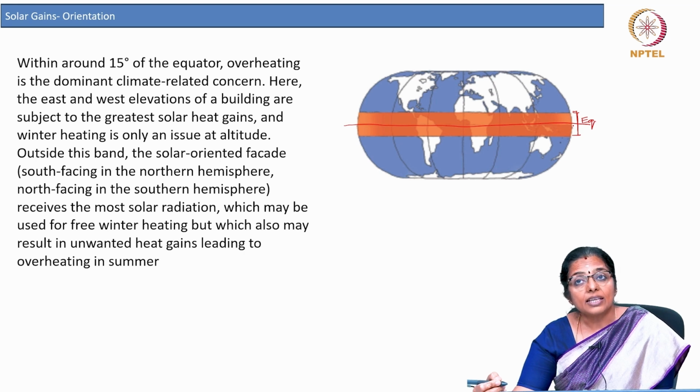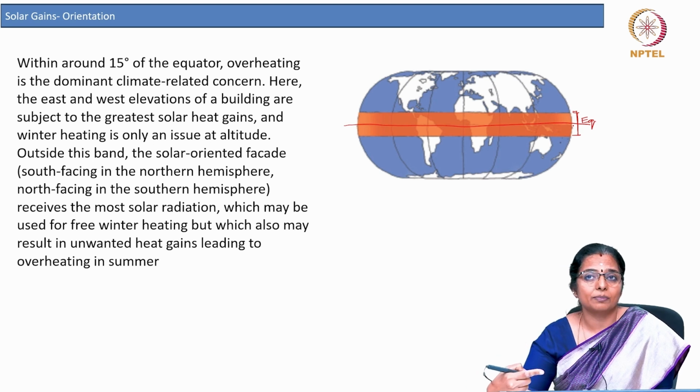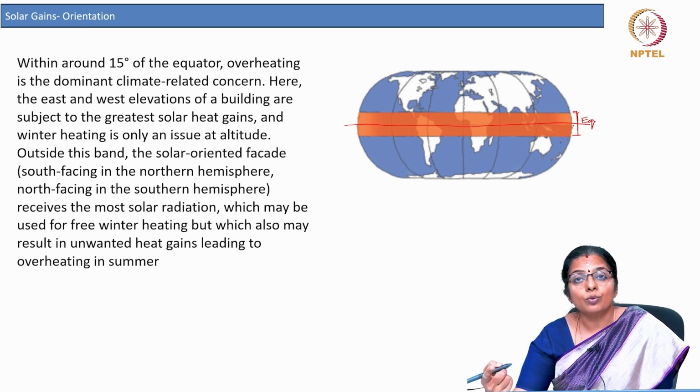Here, the east and west elevations of a building are subject to greatest solar heat gains, and winter heating is only an issue at high altitudes. If we are not talking of any building at a very high altitude, we do not have to consider solar heating at all, because the issue that we have to deal with is dissipation of heat from inside.